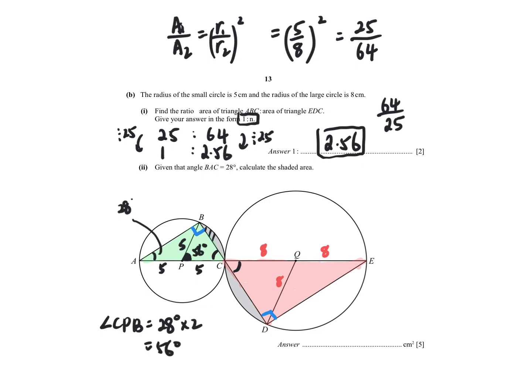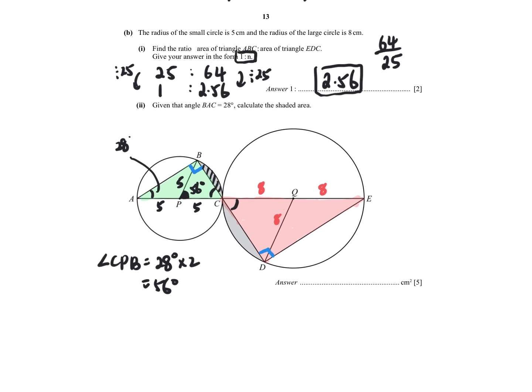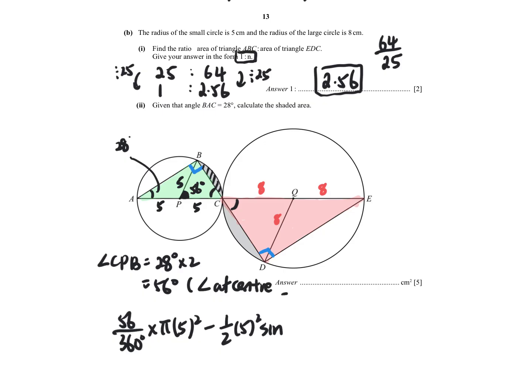I can find the segment already. So what you do is 56 over 360 times pi r squared minus half ab sin C. Why must? Because angle at center is twice angle at circumference. This one is double of this.